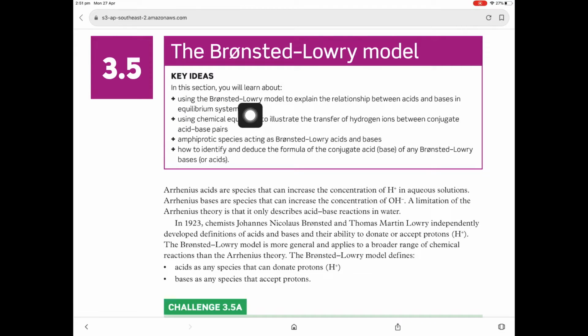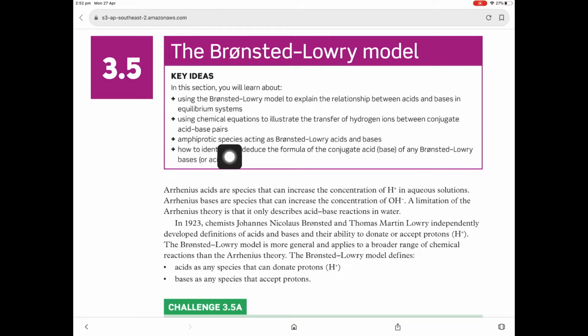It's an updated model, a more accurate model of the relationship between acids and bases in equilibrium. Don't forget, it's in equilibrium. It does apply to acids that fully dissociate, but in particular equilibrium. We're going to illustrate the transfer of hydrogen ions between conjugate acid-base pairs.